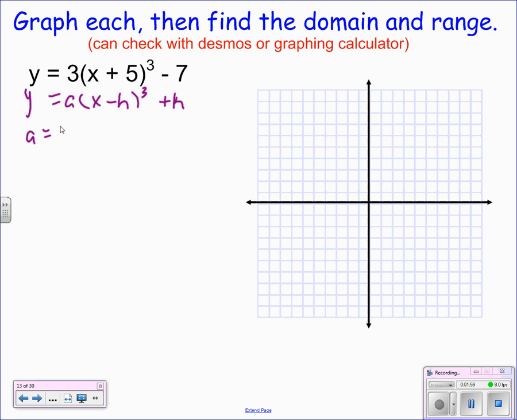Alright, so a is 3, h is negative 5, and k is negative 7. So the vertex or central point is negative 5, negative 7. So we can plot that point first.